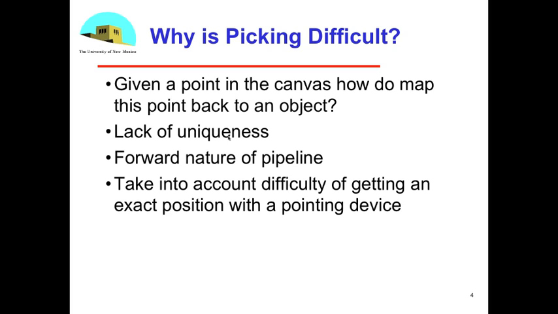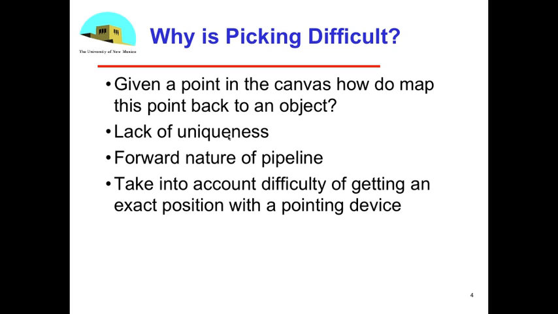What really complicates it is that the pipeline itself is forward. If we look at what we're trying to do, mathematically it's very simple to write down that if you have a transformation that takes you from a position in the object to a position on the display, it's an invertible transform under most conditions, and you can then take a point in principle on the display and map it back into the object.